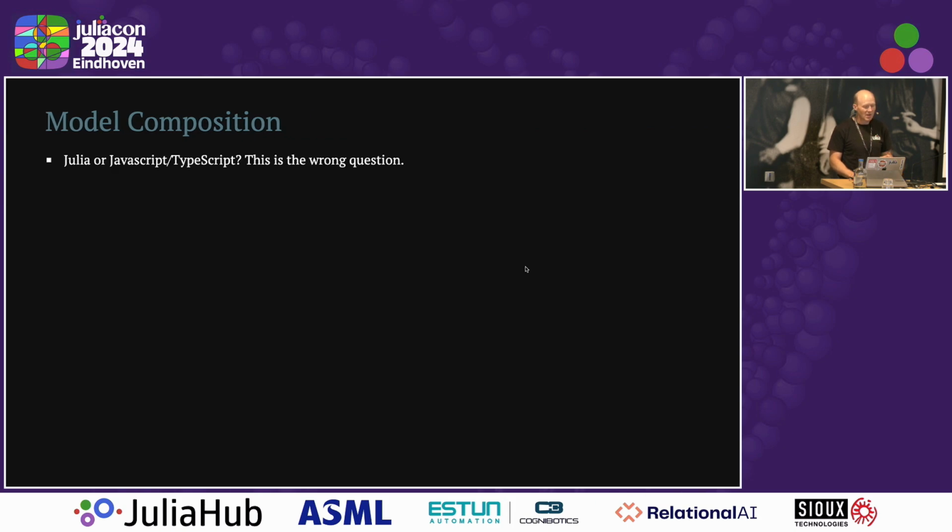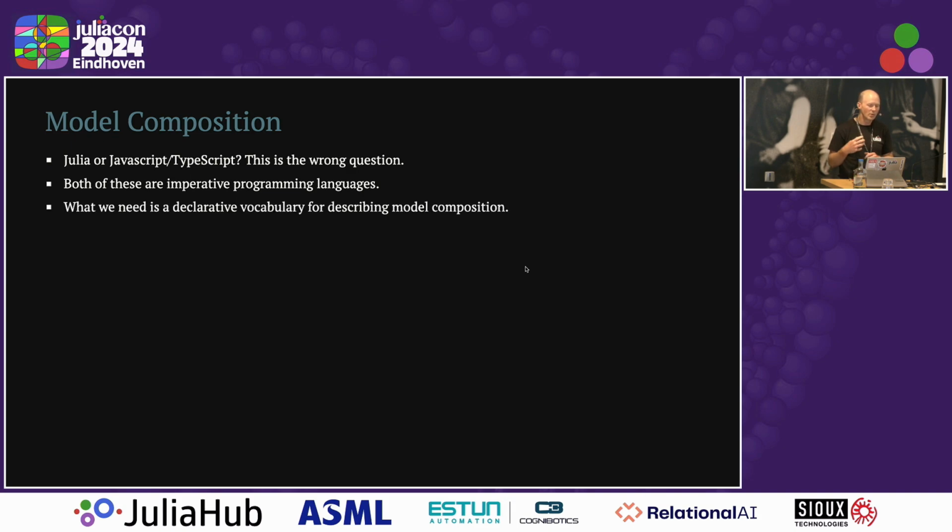In terms of model composition, it's not a question of whether we do this in Julia or in TypeScript. I think that's the wrong question, because those are both imperative languages. We're really not dealing with the tension between the declarative aspect and the imperative part in these cases. So what I felt we really needed to do was come up with a declarative vocabulary for describing models, and just focus on that.